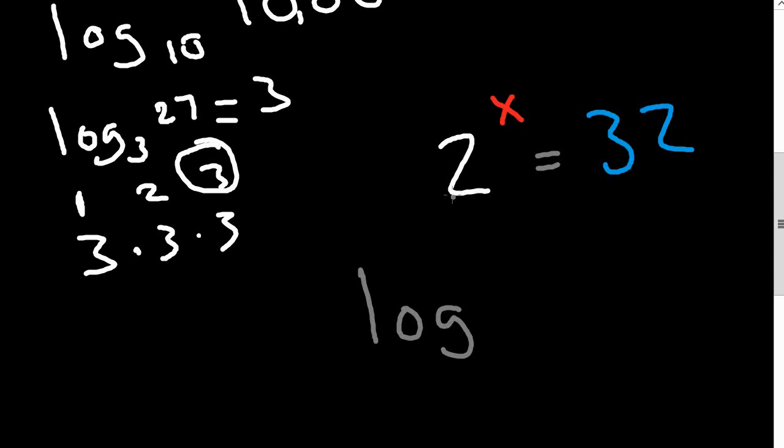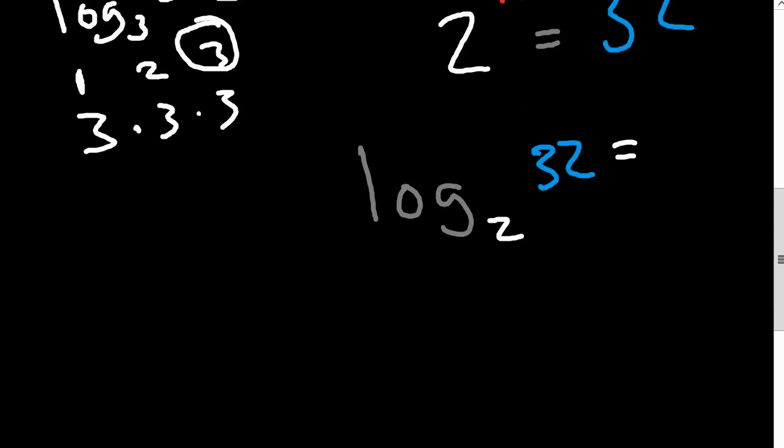We're trying to find how many times we multiply 2 by itself to get 32. So our base is 2, and then we're trying to figure out how many times we have to multiply it to get 32. And our answer is equal to x.